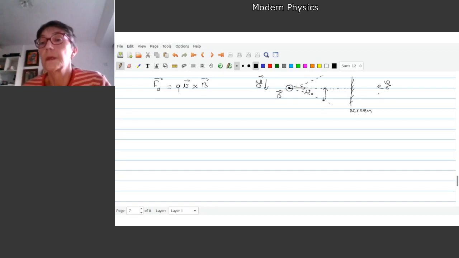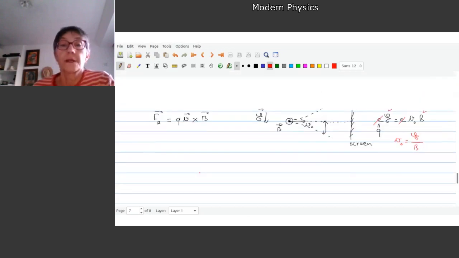And so you have e, I just put the elementary charge, which is what I used to call Q, but this is the electronic charge, e times E equals e V0 B. Here you know E, you know B, and so your velocity is the electric field over the magnetic field.